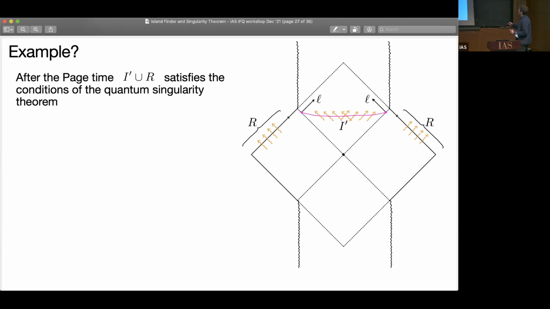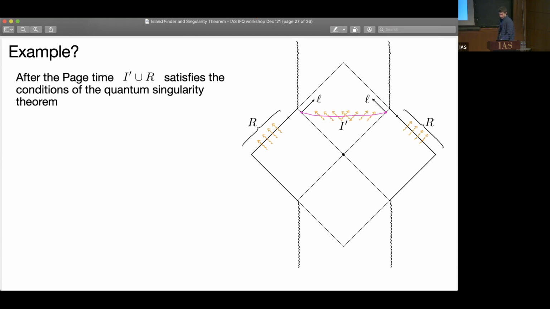But in the classical geometry, at least, nothing is preventing the domain of dependence of L from closing up. There's no completeness in that sense. Now, of course, we're familiar with the fact that in Reissner-Nordström, the inner horizon is unstable to arbitrarily small perturbations from the outside. So that could cause a singularity.